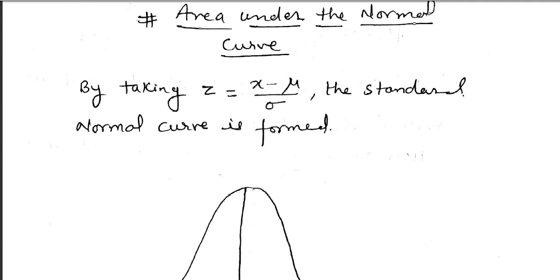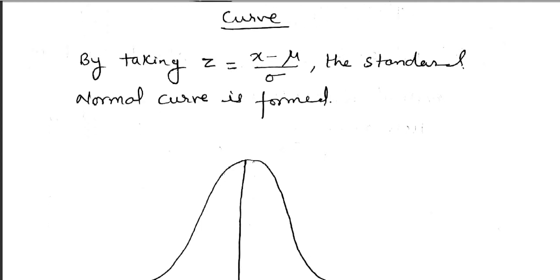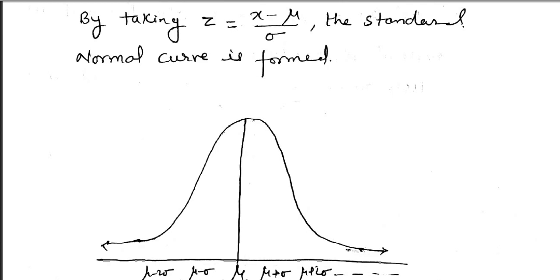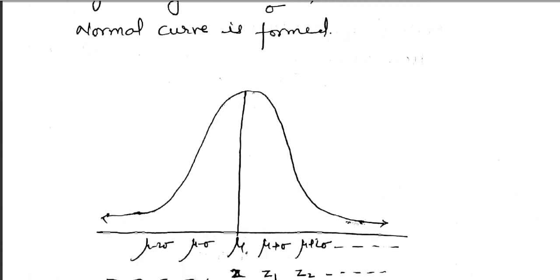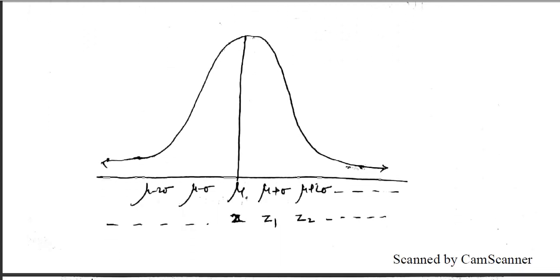So look at here, what is the area under the normal curve? If you take z is equal to (x minus mu) upon sigma, it means the extended normal curve is formed. So the extended normal curve can be formed in this form.